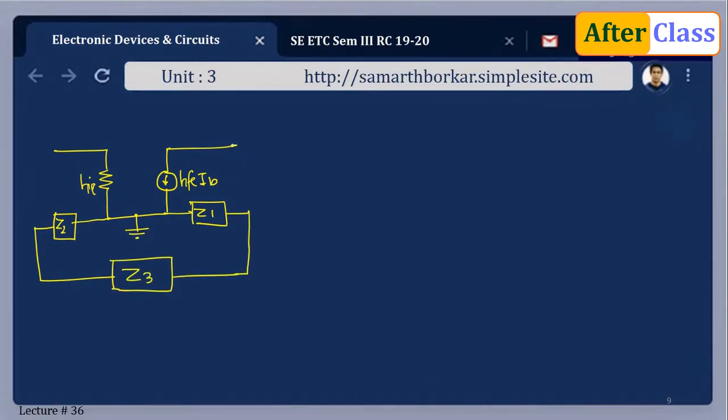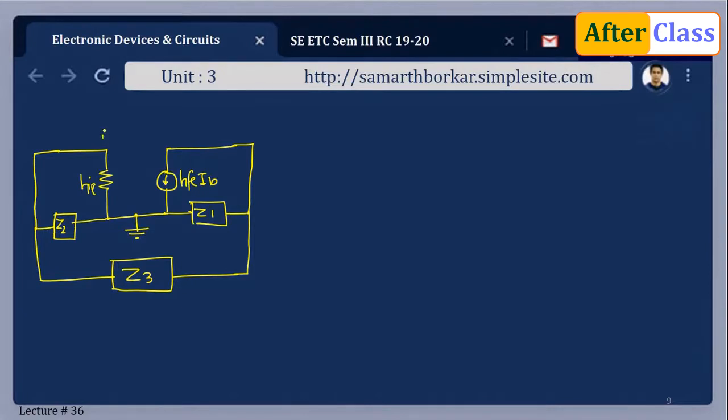Now let me complete this circuit. So the top part is the amplifier, and this is the tank circuit. So instead of using two capacitors and an inductor, I am using Z1, Z2 and Z3 as the impedances. Fine. And we are going to derive an expression in terms of these Z1, Z2 and Z3.